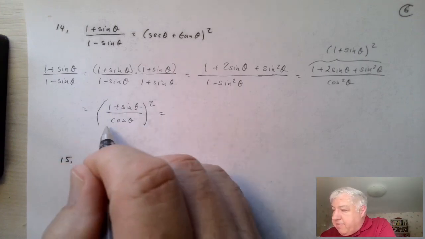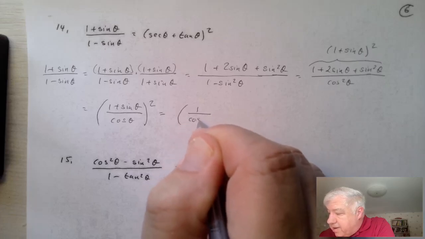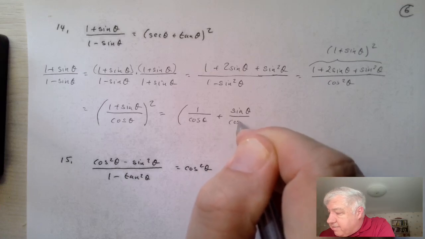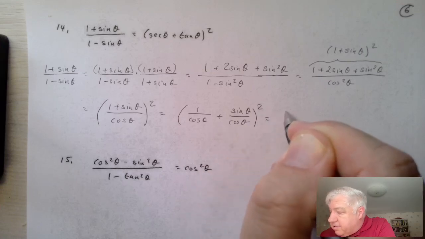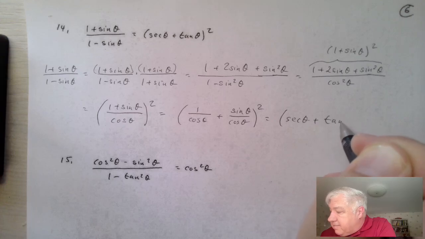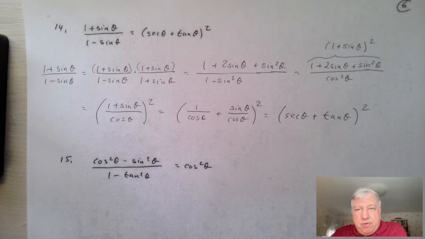Then if you simplify what's in the parentheses, it is 1 over cosine theta plus sine theta over cosine theta. So this will be secant theta plus tangent theta, quantity squared, which is exactly what we wanted.